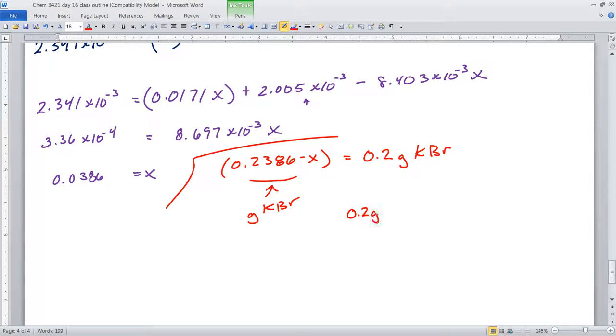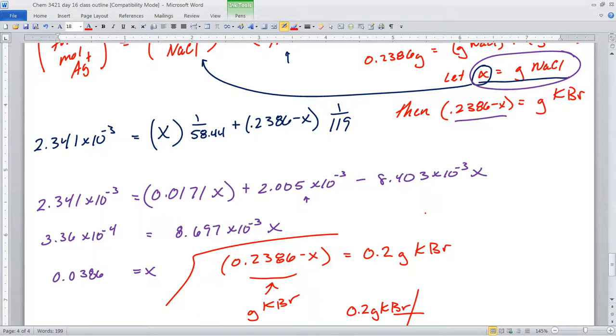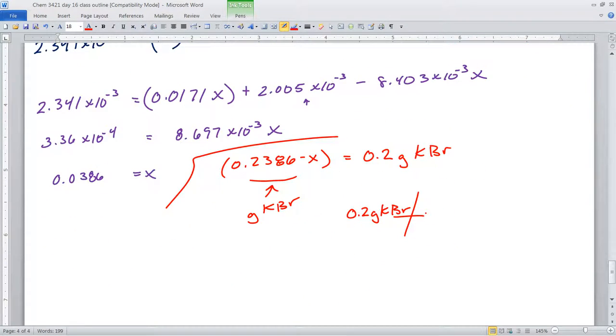So 0.2 grams of KBr, and the molar mass of KBr was 119. And I have 1 mole of KBr, I'm going to have 1 mole of bromine, but I need it in grams, not moles.